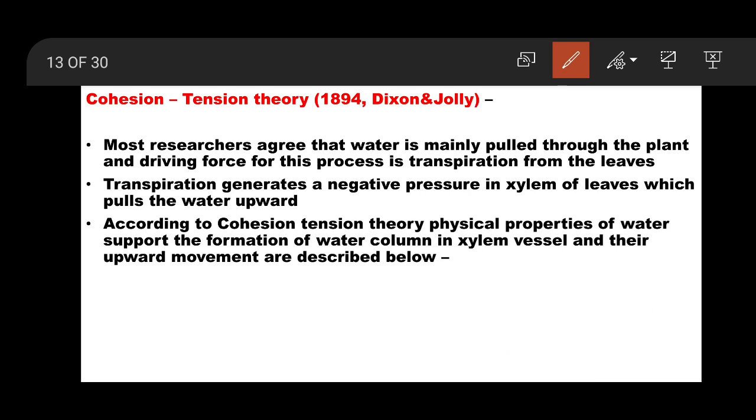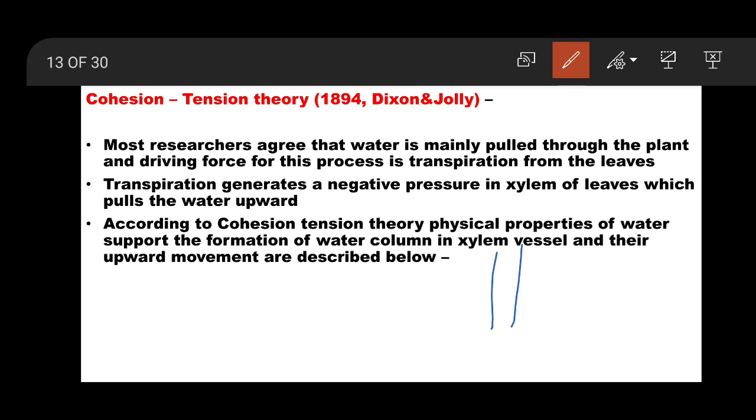So plant is using xylem for that sucking. Try to understand. So according to this theory, physical properties of water support the formation of water column. So there are some physical properties due to which water column is forming in the xylem vessel.